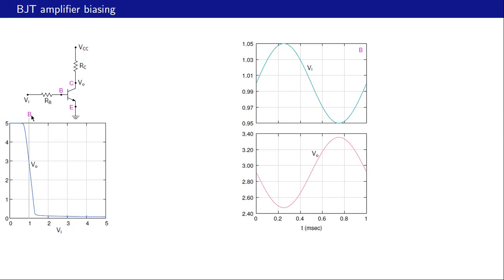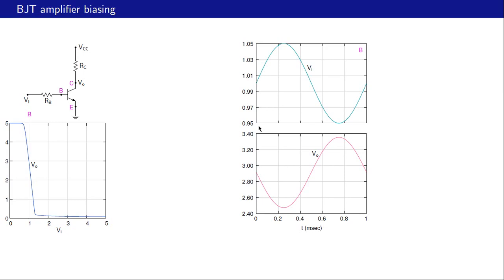So we are applying an input voltage which is centered around this 1 volt. The input voltage is going to go like that with time. The amplitude of the input voltage is from 1 to 1.05, that is 50 millivolts, and the peak to peak value of the input voltage is 100 millivolts or 0.1 volt.